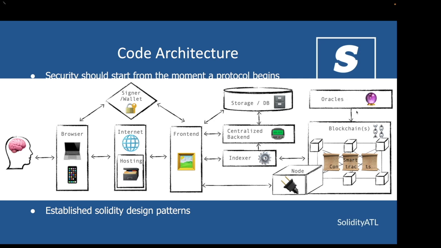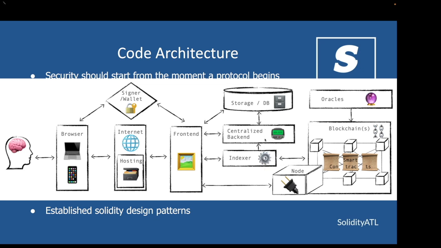There may be oracles feeding data onto that chain. Those smart contracts are running on nodes. There could be some front end system interacting either directly with smart contracts or through some other backend services.